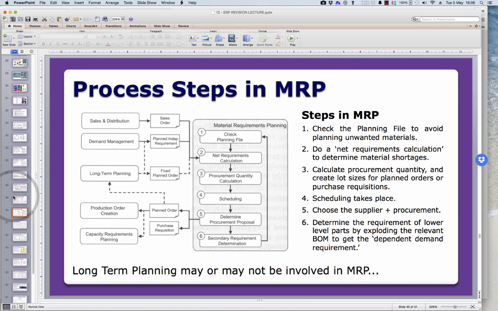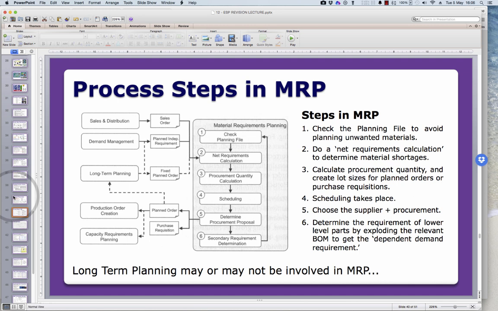You have a procurement quantity calculation then, once you have the net requirements calculation, of what's got to be bought to meet this order. Then you'll go through scheduling to find out have you got enough space, the possibility, realistically, of making it.